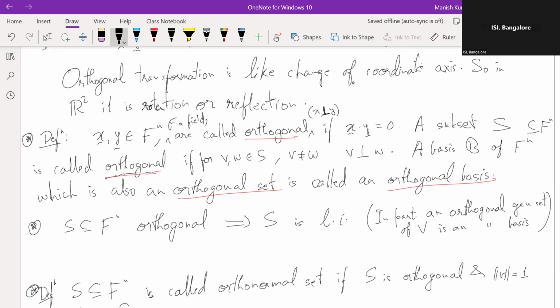But why is an orthogonal set linearly independent?